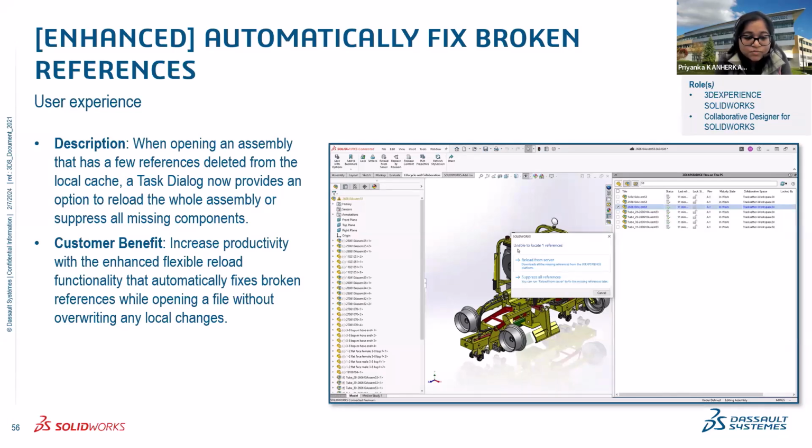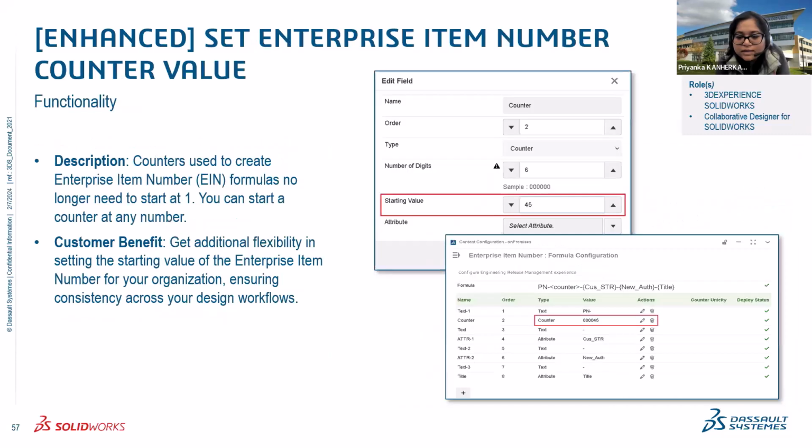This enhancement helps you fix the broken references to the files, increasing your productivity. If you remember from our previous releases, you had to individually find and download all the missing references. This enhancement helps you fix those missing references. This would be really helpful in my opinion.